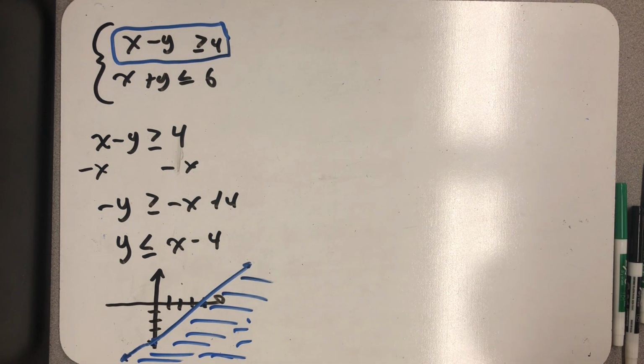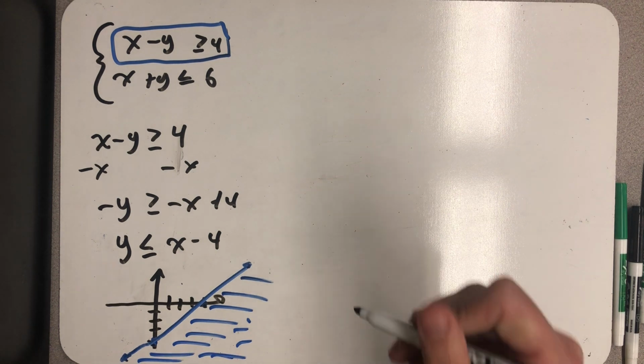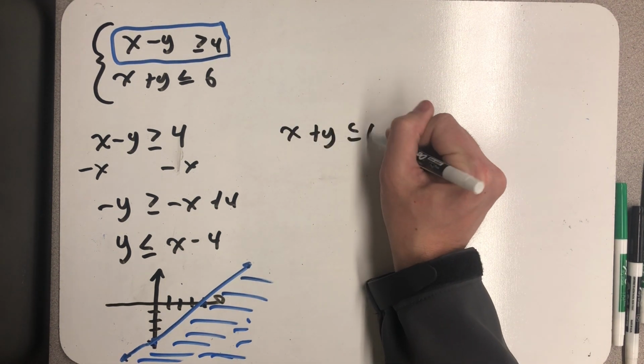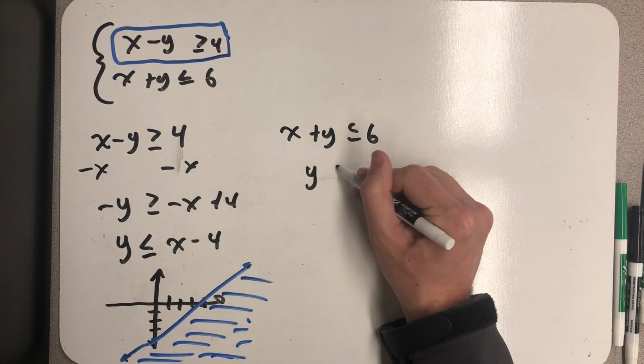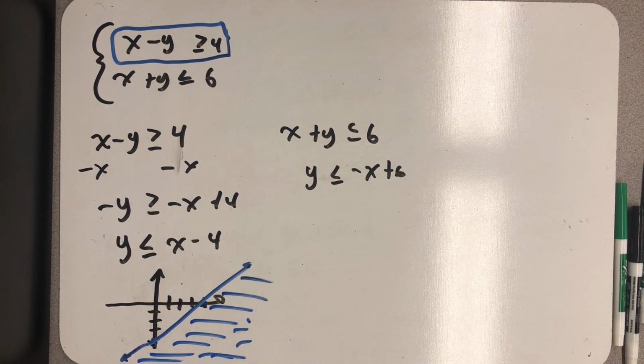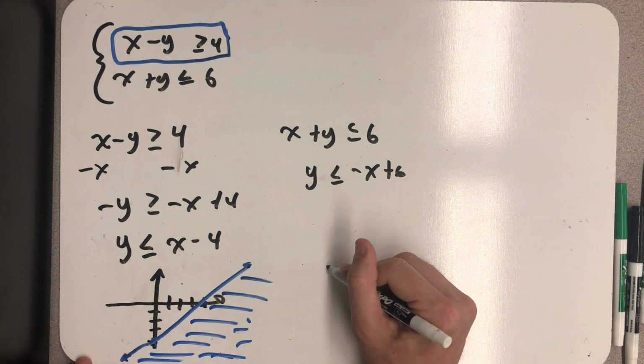So now let's graph the second one. Taking x away from both sides, I just get y is less than or equal to minus x plus 6.